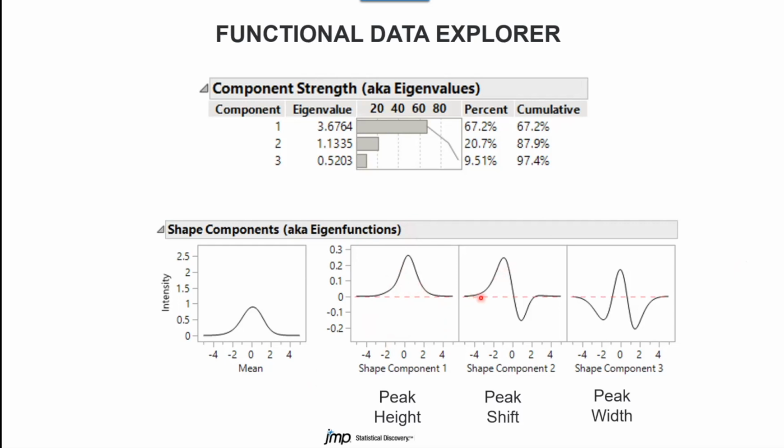I've learned to recognize this next one as a peak shift type eigenfunction. It's about whether or not the Gaussian curve is shifted left or right. And then this is a peak width type of shape component. This is controlling how wide the curve is, like the sigma in the Gaussian curve.